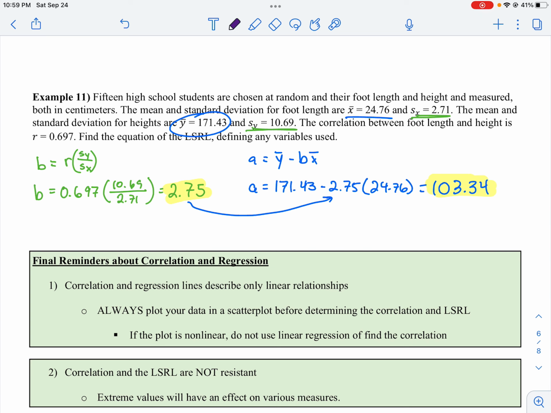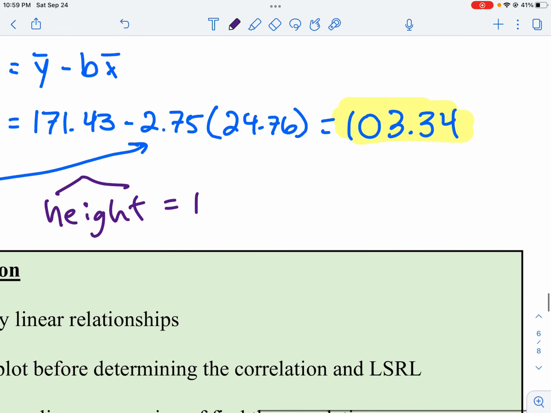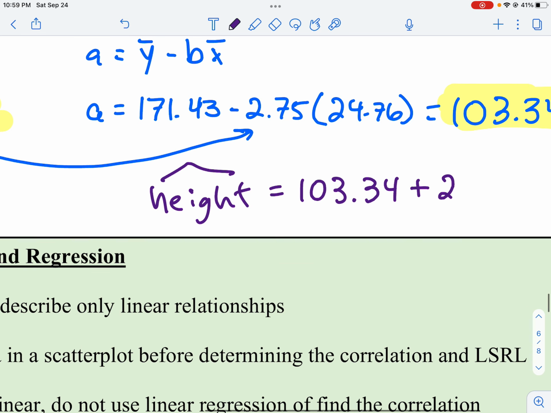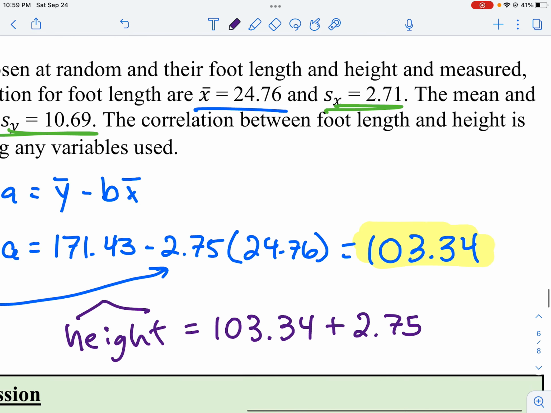And again, y is paired with the heights. So the predicted height is equal to A, 103.34, plus B, 2.75, x.